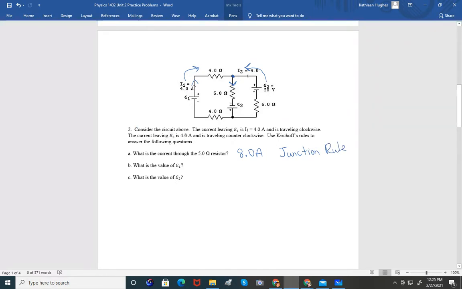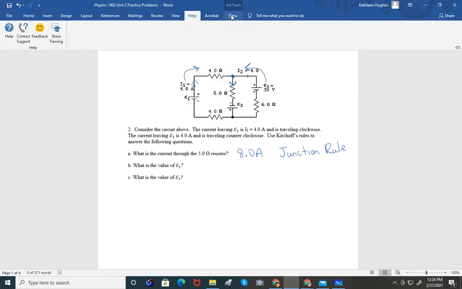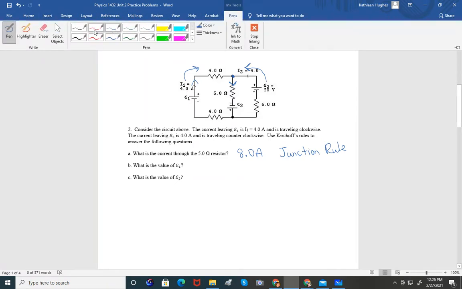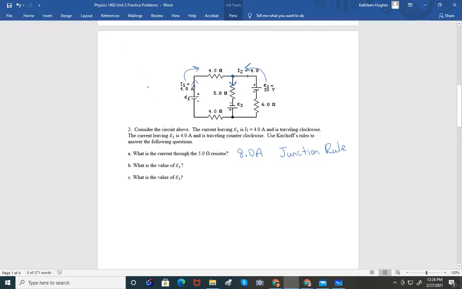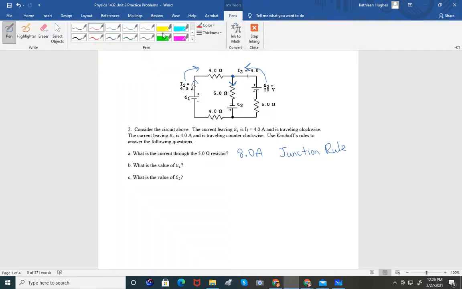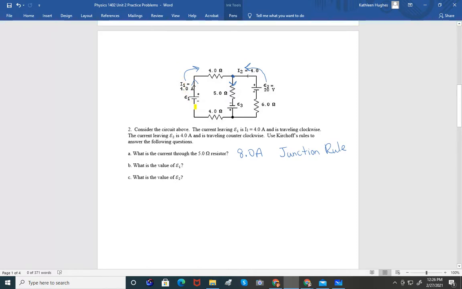All right, what is the value of E1? If I'm going to find a missing EMF, I'm going to have to use the loop rule. I'm going to start right here, and I'm just going to go all the way around in that circle.